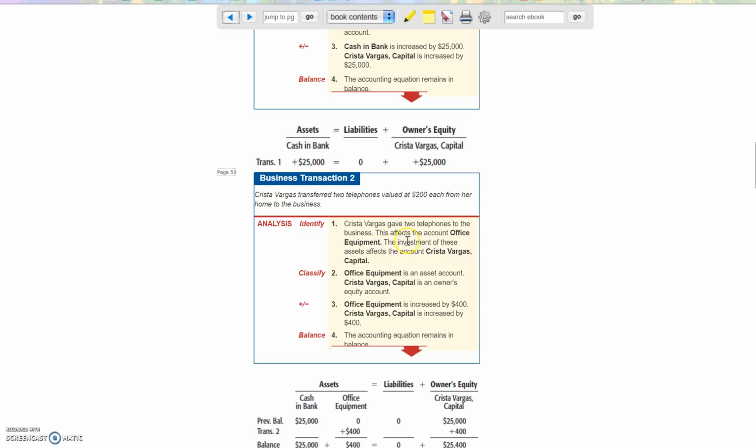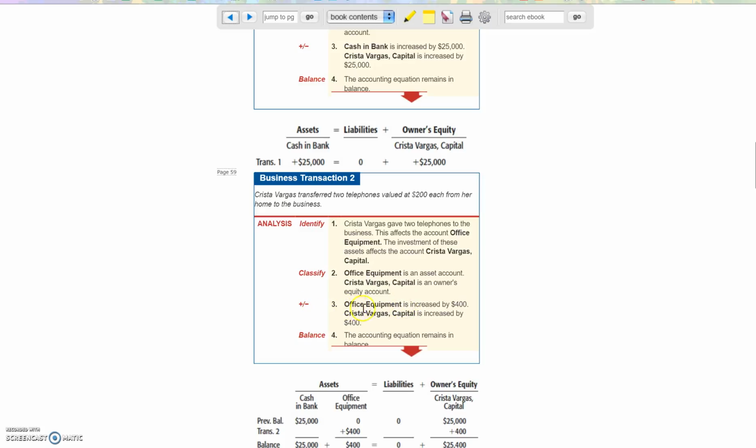So for the 2 accounts, we're going to figure out in assets what we have. What would the telephones be classified as? In this case, they're classifying them as office equipment. And the other account that's affected is, of course, her capital account. Office equipment is an asset, and Krista Vargas Capital is owner's equity.